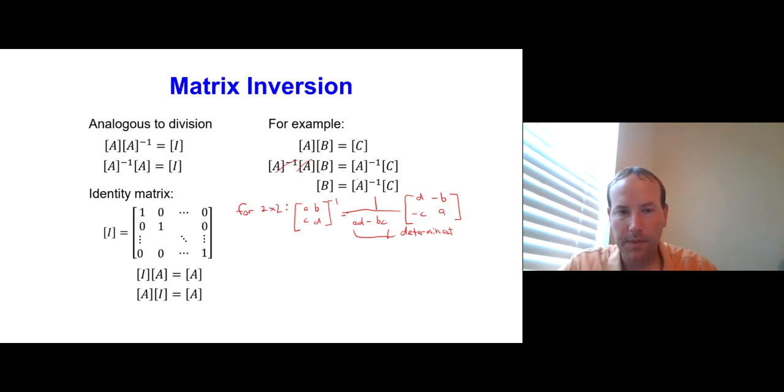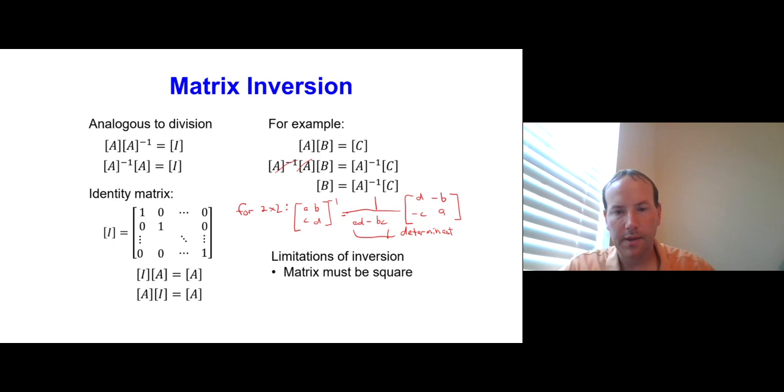There are a few limitations of the inverse that you need to know about. First, the matrix needs to be square in order for it to have an inverse. Why do you think that would be? Well, it has to do with the dimensions of the matrix. Basically, if you have to be able to apply it on either side, then the dimensions have to be the same. It must also be non-singular, which means that the determinant is not equal to 0.